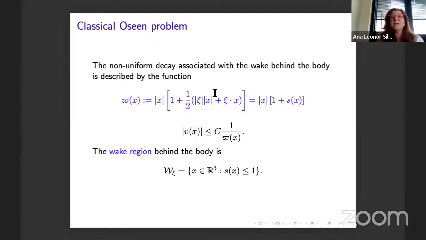This function here depends on the translational velocity of the rigid body. If this is 0, the velocity is going to decay like 1 over modulus of x. Okay, so this weight is going to appear in the estimate of the velocity like 1 over w.